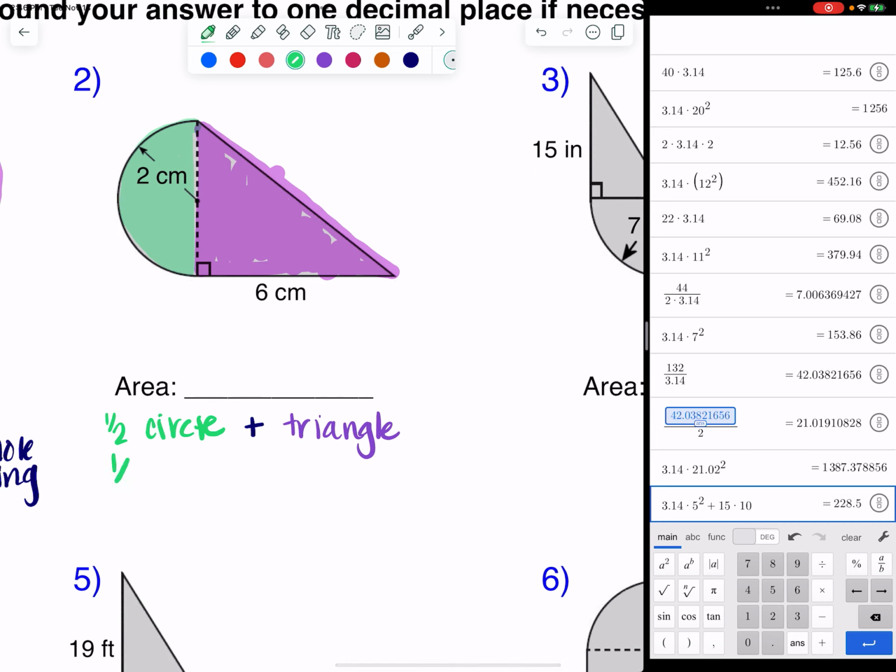So I need half of pi r squared, because that's the formula for the area of the circle. Area of a triangle was 1/2 base times height. So let's go find some stuff.